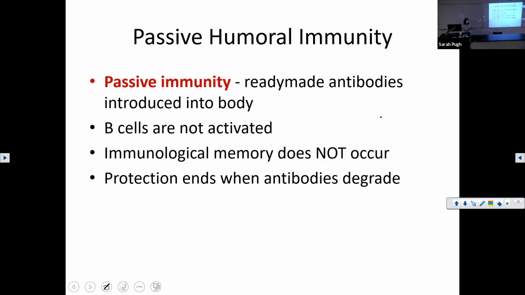All you're doing is injecting antibodies into your body to help fight an infection. B cells are never activated. Memory does not occur. This is passive immunity. Okay? The protection that you get will end as soon as those antibodies degrade. Antibodies are proteins. They usually will degrade within a week or two.